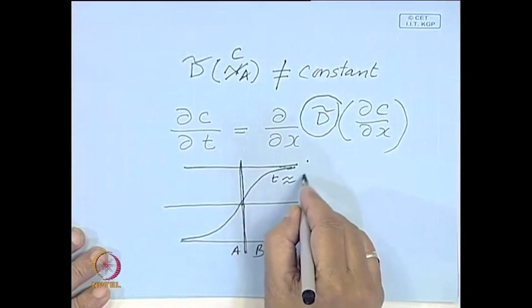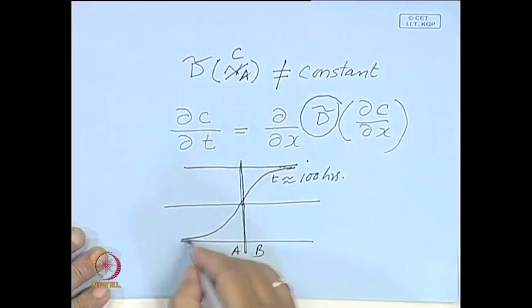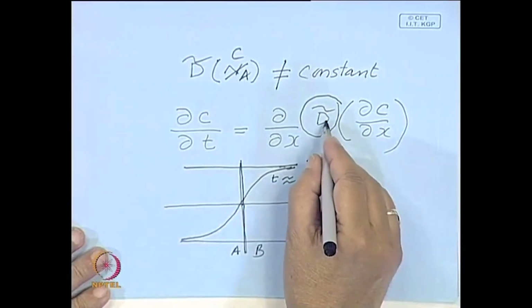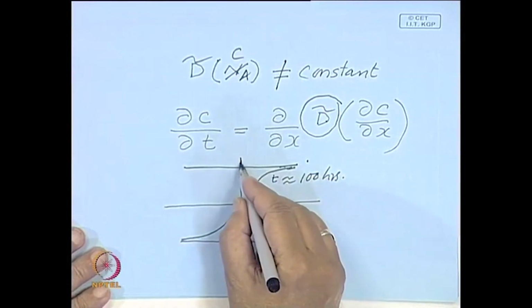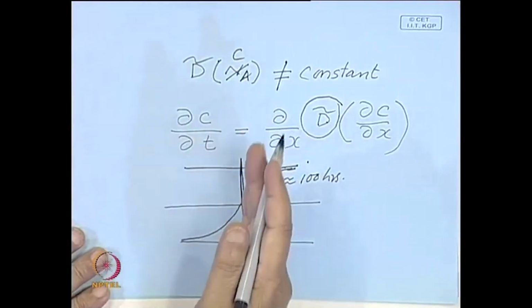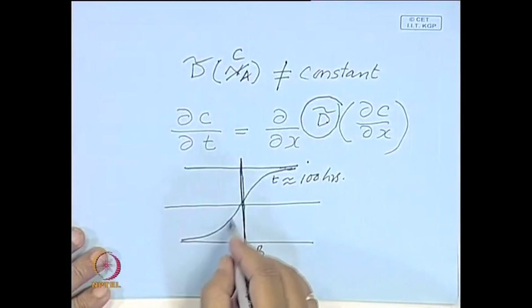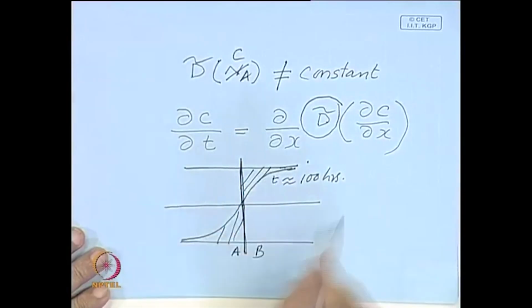say after 100 hours, you get a profile like this. If you assume D to be constant, then this profile will be symmetric about this interface between A and B, and this area and this area will be equal.